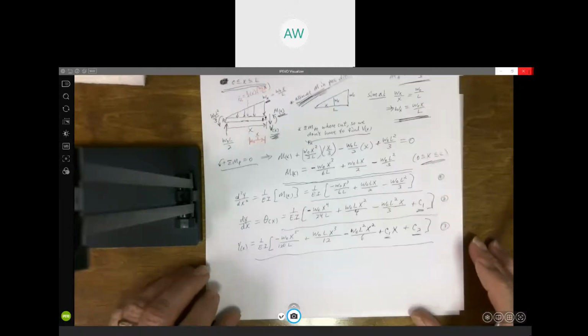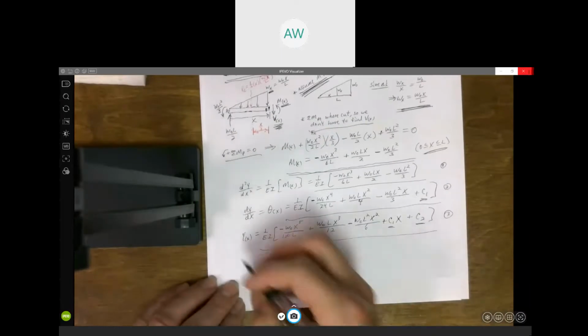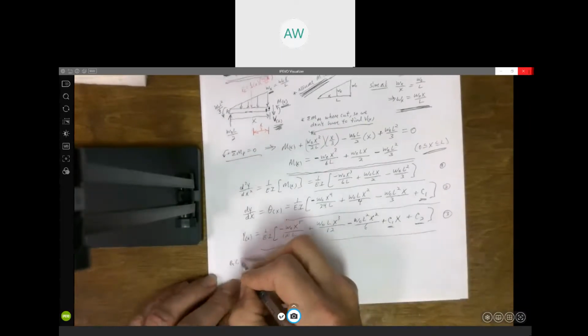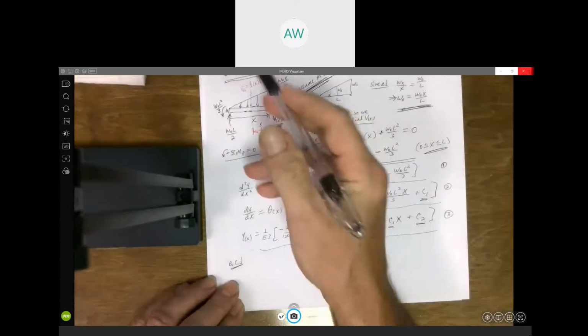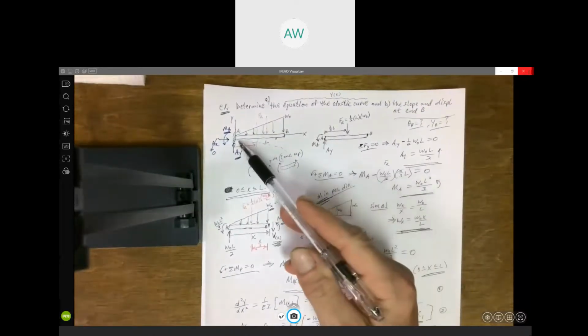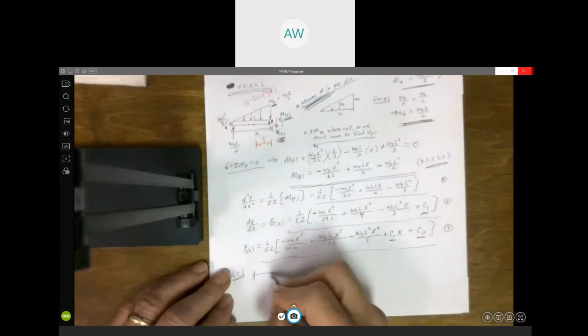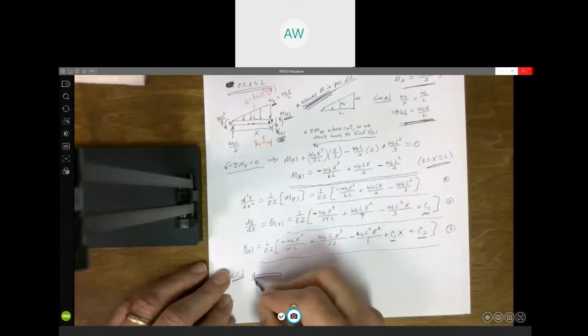So, slide this up a little bit. My boundary conditions. Remember, pull it back down. We've got a fixed support here at A. This is fixed. So again, this beam is going to deflect like this.